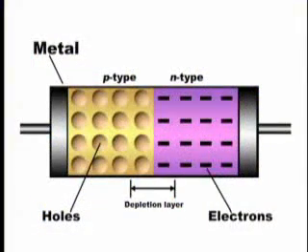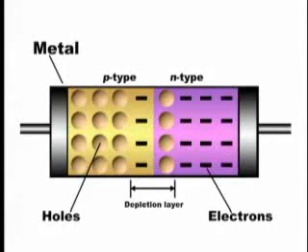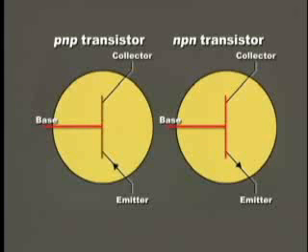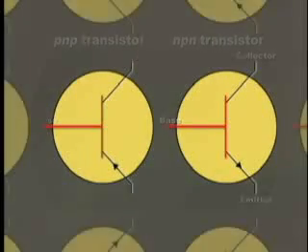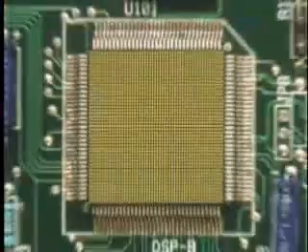P and N semiconductors can join to create a diode, which permits current to flow in only one direction. Or they can be sandwiched in an NPN or a PNP configuration to create a transistor, which can serve as an amplifier or a switch for electric signals.